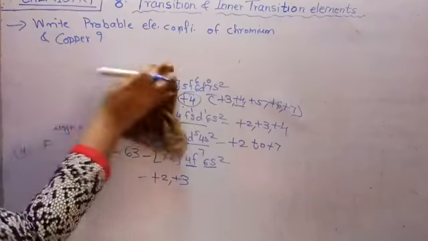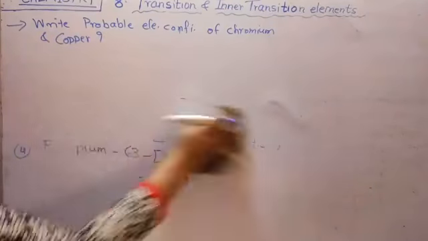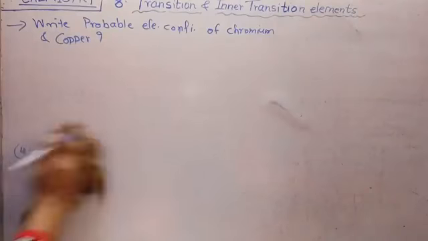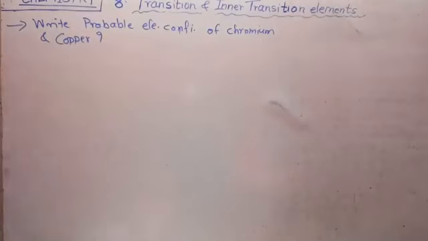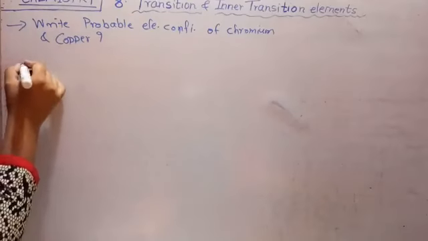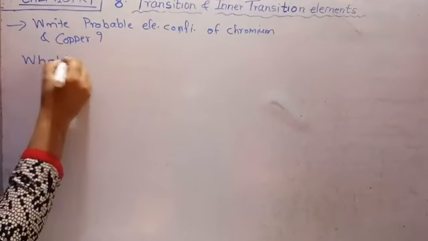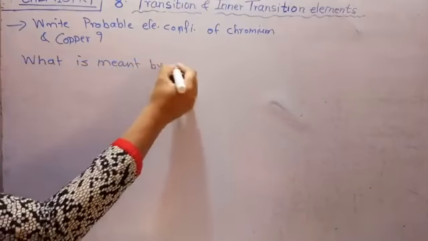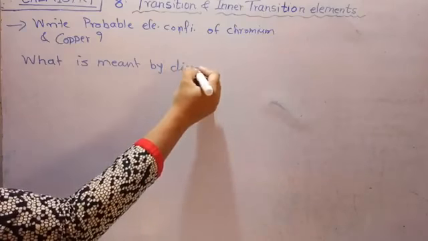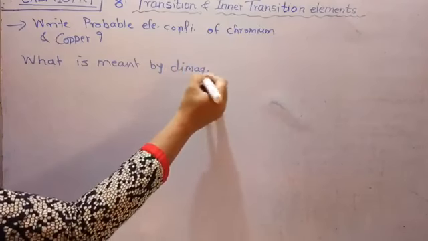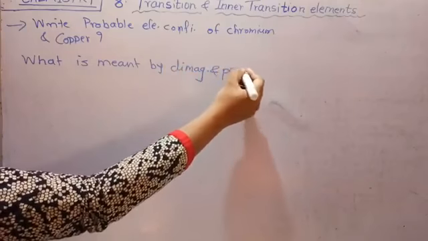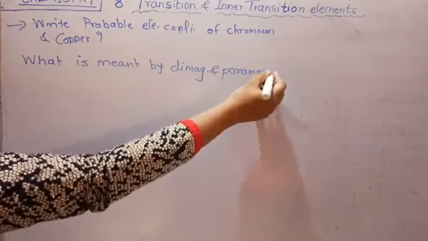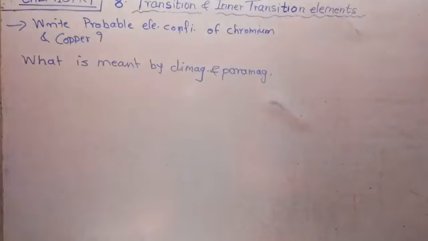Then there is again one question. There is the next question. What is meant by diamagnetic and paramagnetic? Diamagnetic and paramagnetic.